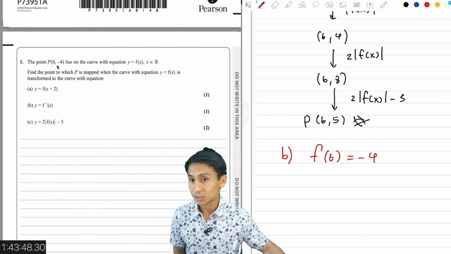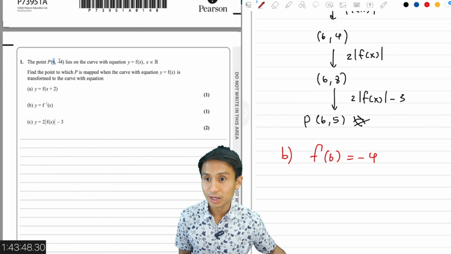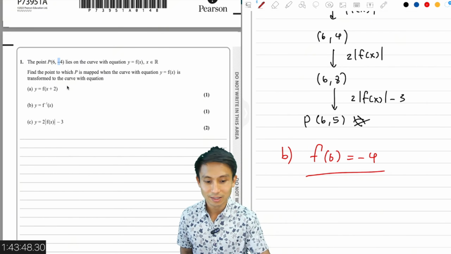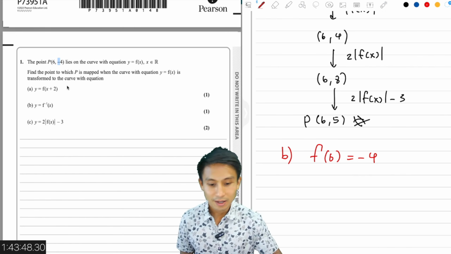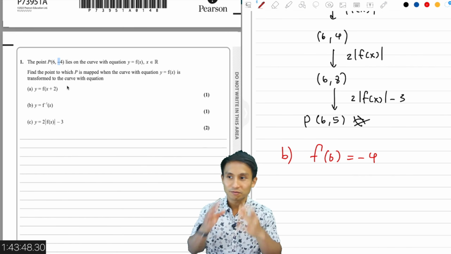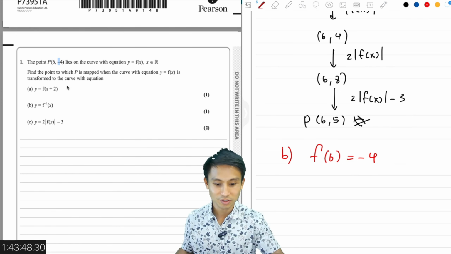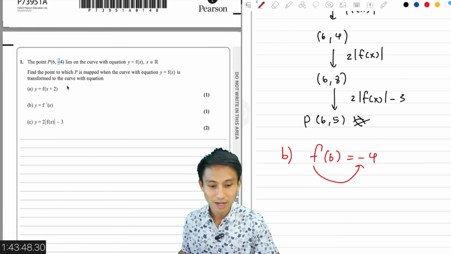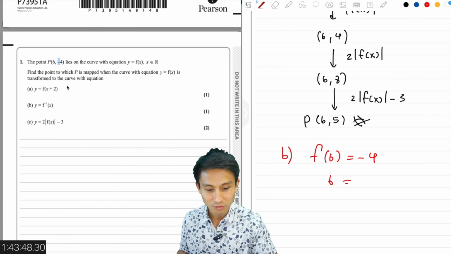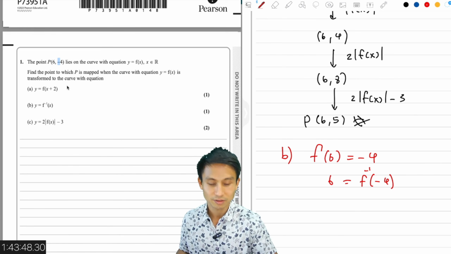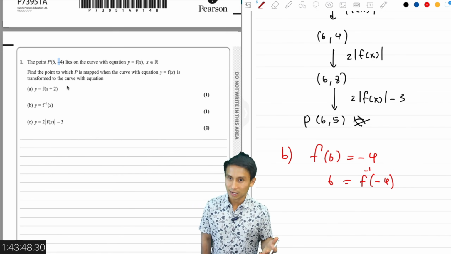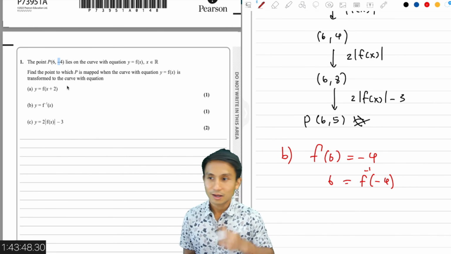Basically when x equals 6, y equals -4. Now, the algebra of function notation here we can use is to flip this to the other side, so you can do 6 equals f inverse of -4.